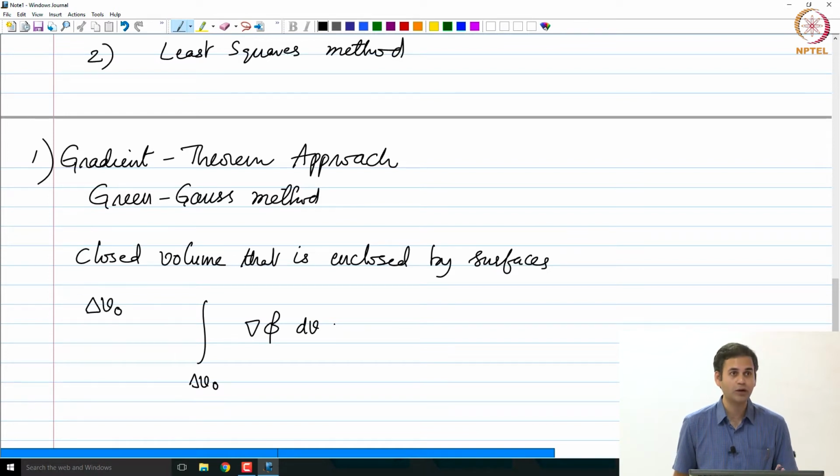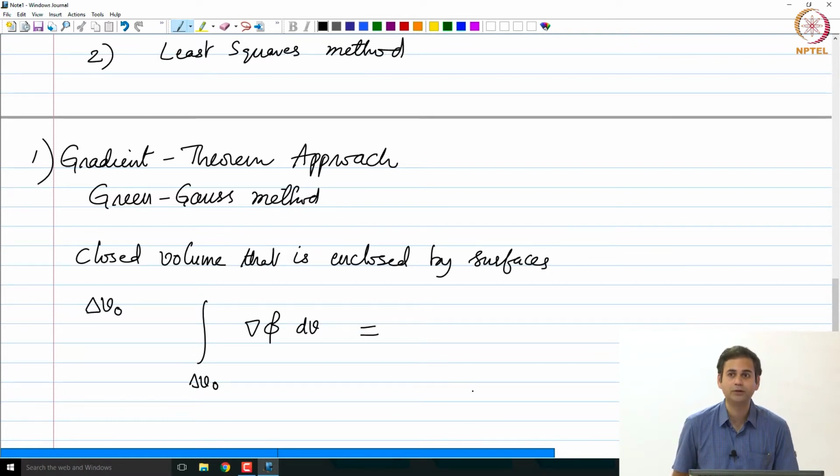Up till now we saw del dot phi bar, some kind of vector, in the Gauss divergence theorem, which we wrote as phi bar dot dA bar. But now we are talking about the gradient theorem, where phi is a scalar and we are calculating the gradient of the scalar in the volume of the cell, that is delta V naught.